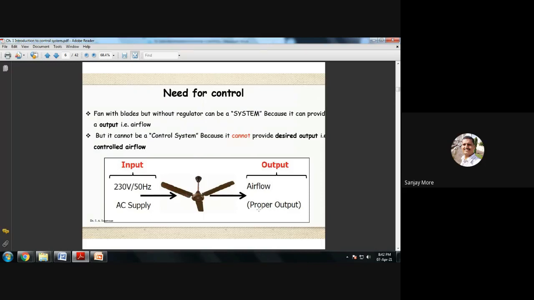Means if you have not given the input of 230 volts AC supply, the fan does not rotate in the proper way, and does not pass the airflow. Means the output will not be obtained. So that's why any instrument, any machine, any machinery or any equipment requires a control system. If you have not given a control system, they do not give proper or desired output.